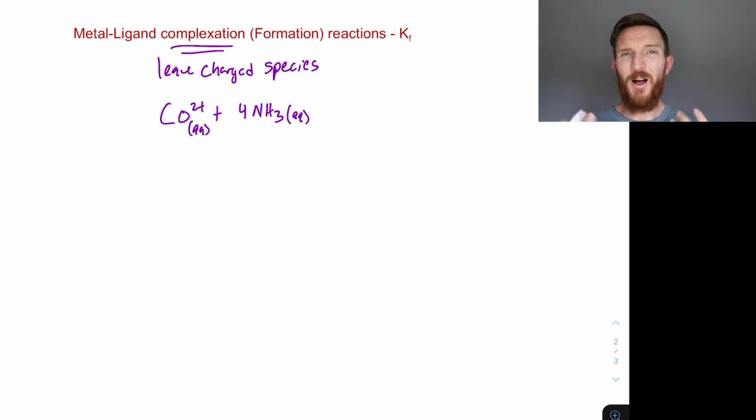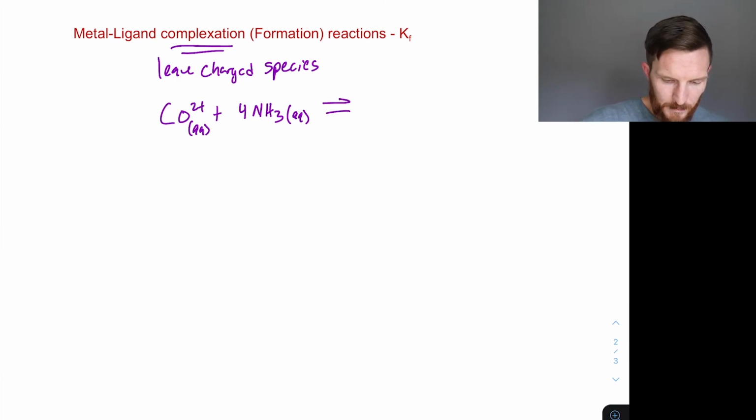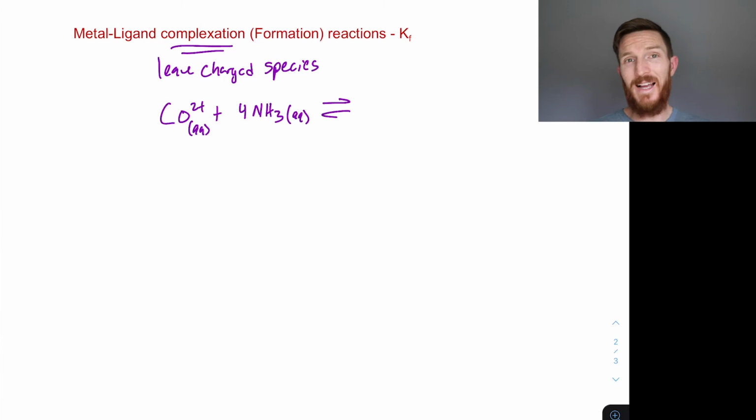Instead, they're going to form complexes where the negative side of the ammonia molecule, the nitrogen side, is attracted to the cobalt ion. It's going to want to face it and interact with it, similar to the way we think of hydration for water.